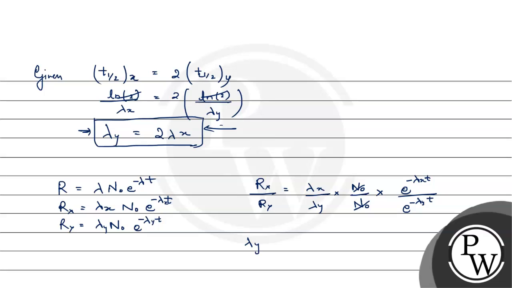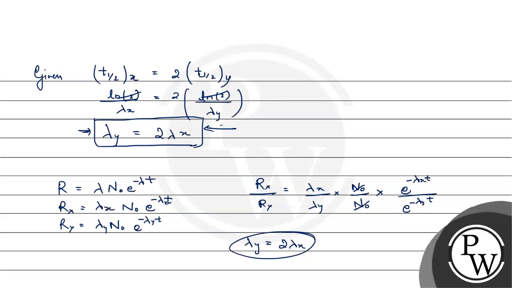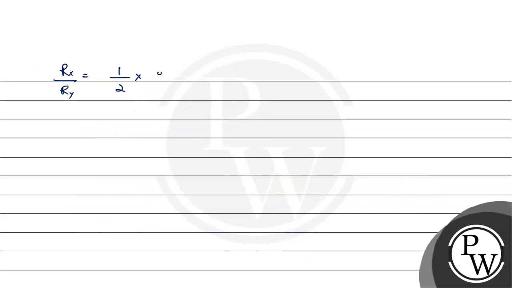Now putting lambda y is equal to 2 times lambda x, solving it further we get Rx over Ry is equal to 1 by 2 into e to the power minus lambda x t plus 2 times lambda x t, which will be equal to half e to the power lambda x t, and hence Rx comes out to be equal to half of Ry into e to the power lambda x t.